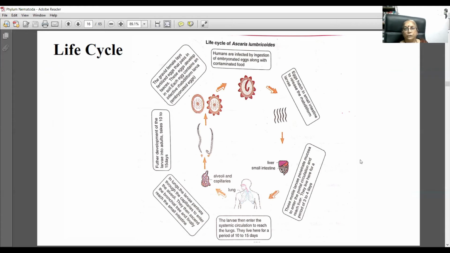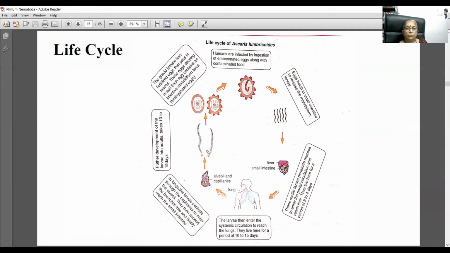Here you can see the whole thing, how in the feces fertilized and unfertilized eggs are there. They are passed, they are getting embryonated to the 3rd stage, and when this embryonated egg is taken by the human being, they will reach the stomach, and the larvae are released in the intestine.